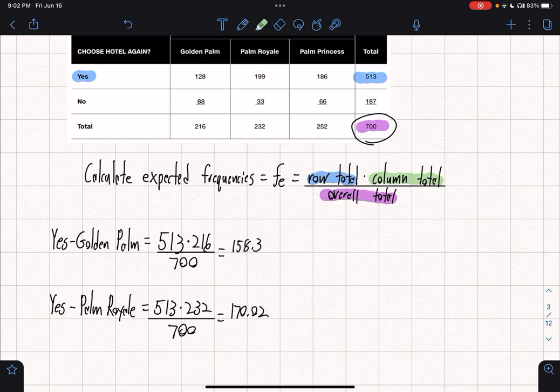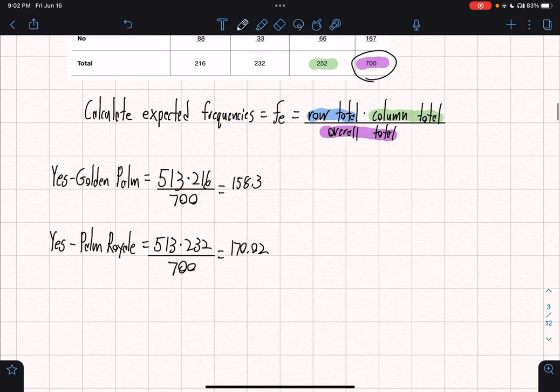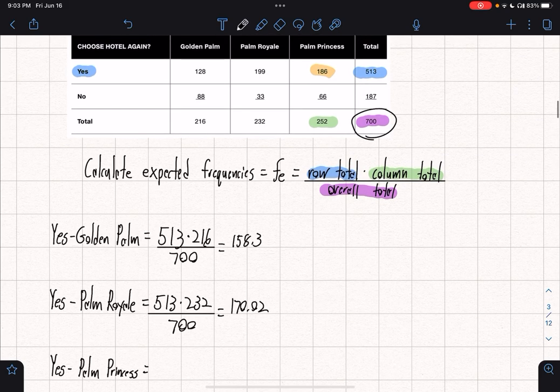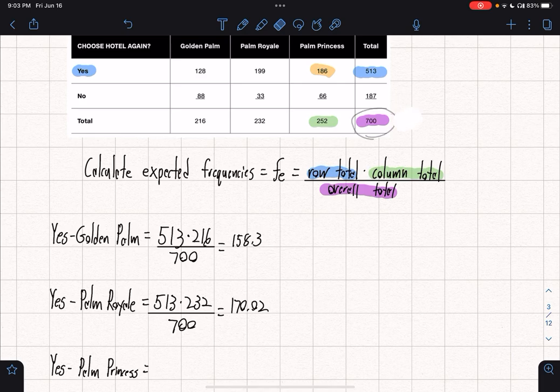Okay, now let's move on to Palm Princess. So our column total will be 252. So we're looking at Palm Princess. So we're doing yes, Palm Princess. So row total is unchanged. It's 513.